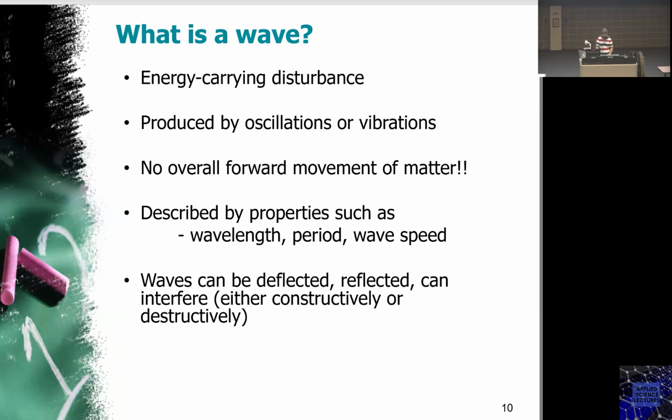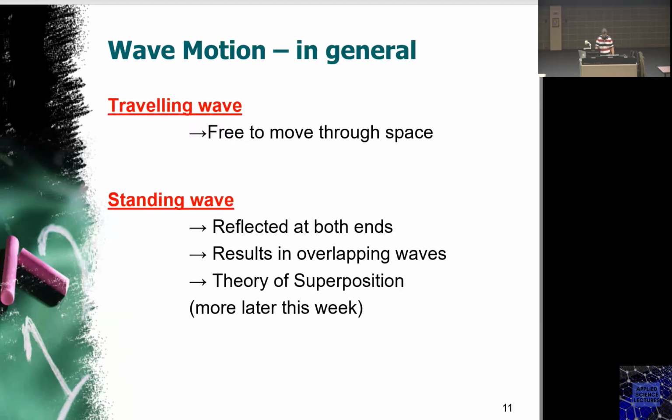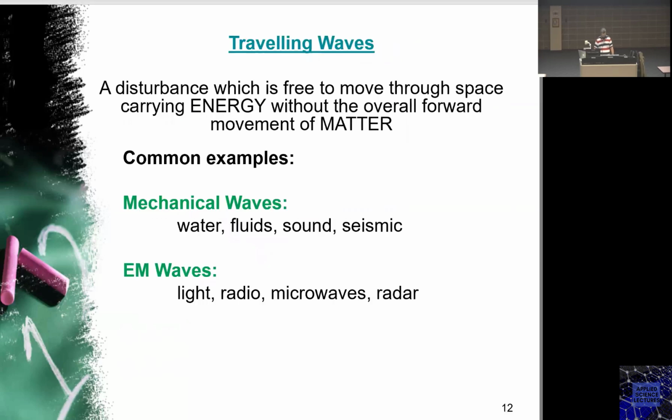We will see that in the next lecture. But today, we're focusing on the traveling waves, those waves that can travel in the medium. Again, the standing wave will be due to the reflection of those traveling waves and interfering with the traveling waves. We'll see that in more detail in the next lecture.